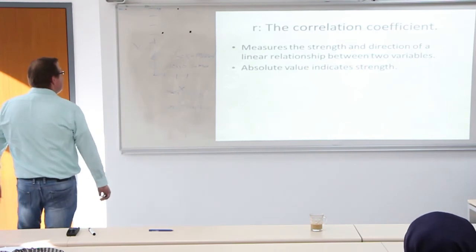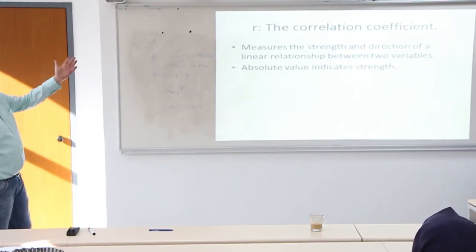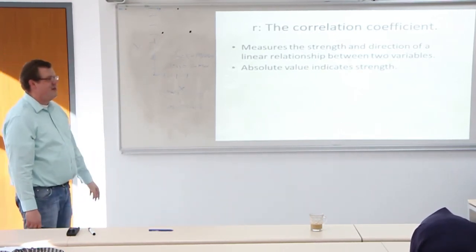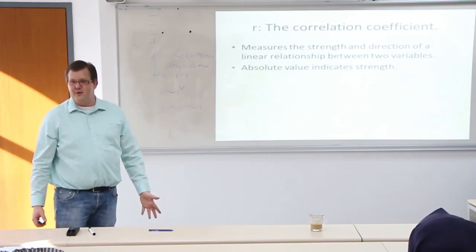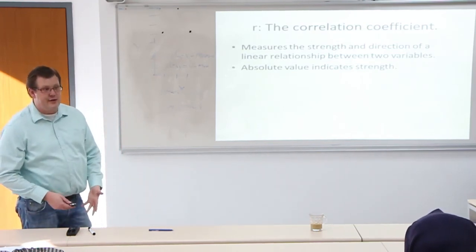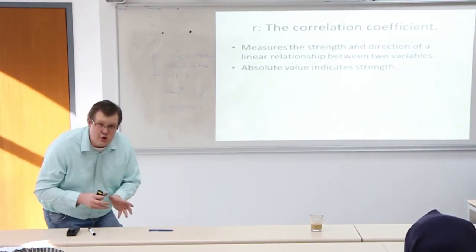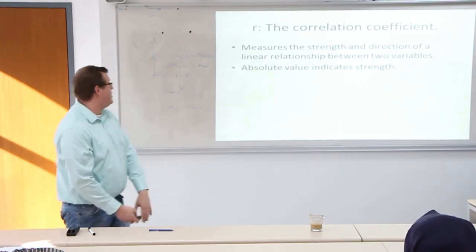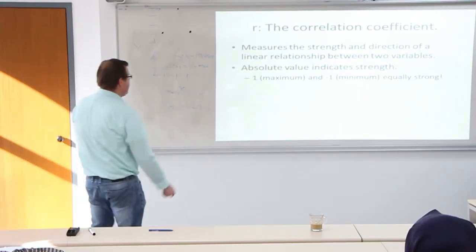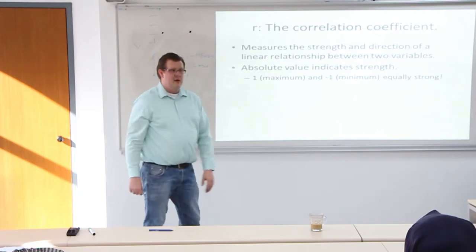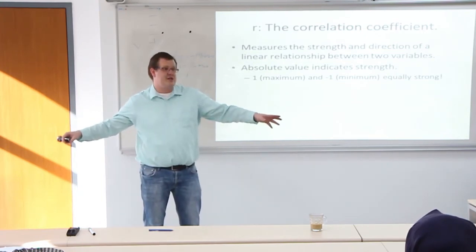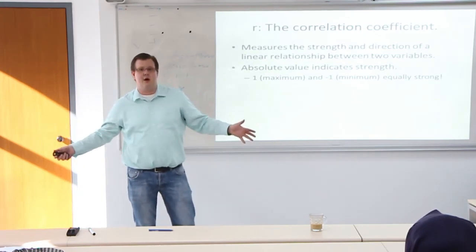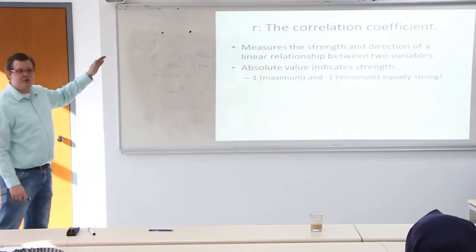Okay. So, I meant to ask what measures the strength. The absolute value indicates the strength of the correlation, or the strength of the relationship between the two variables. So things like 1 and -1, the maximum and the minimum correlation that you can have, are both equally strong. They both fall on a straight line.